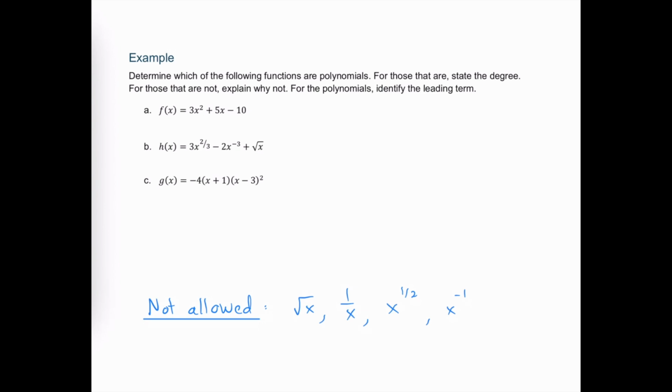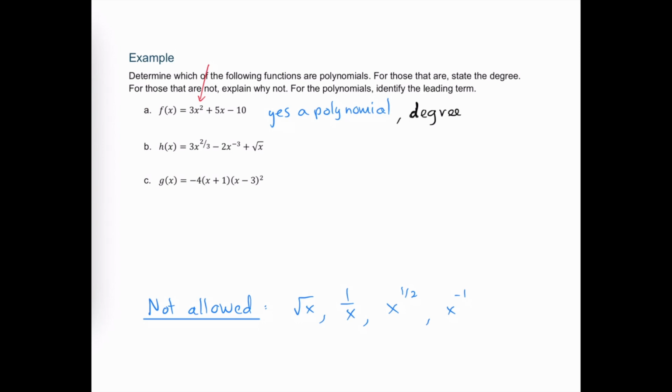So in this example, part A is a polynomial. The powers on the x's are all positive integers. None of those x's are under radicals or in the denominator of a fraction. Since it's a polynomial, we can talk about the degree, and the degree is determined by the highest power on any of the x's, no matter where that term occurs in the equation. And most of the time, polynomials are written in descending form, which means that that highest power would be first.